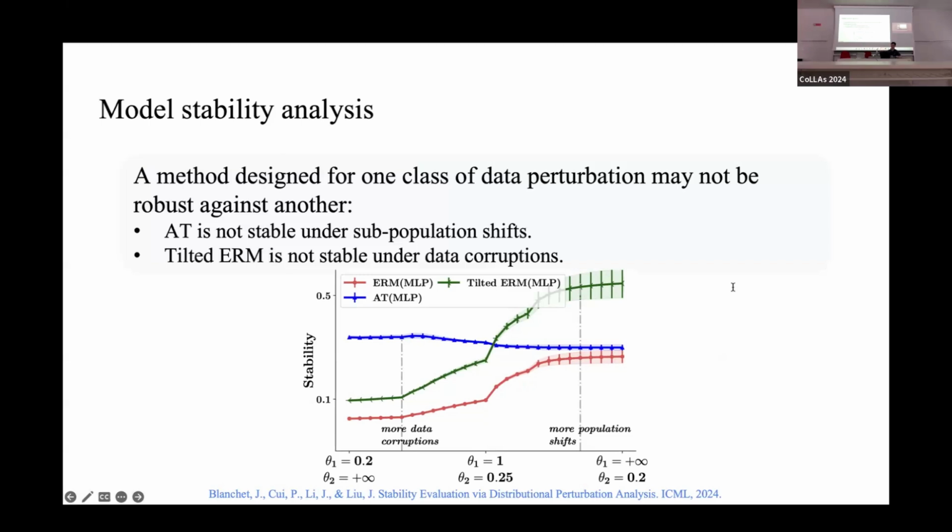It means that a method designed for one class of data perturbation may not be robust against another. And also the same for tilted ERM. It performs much better when we consider subpopulation shifts. But when we consider adversarial robustness or data corruptions, it does not perform so well.